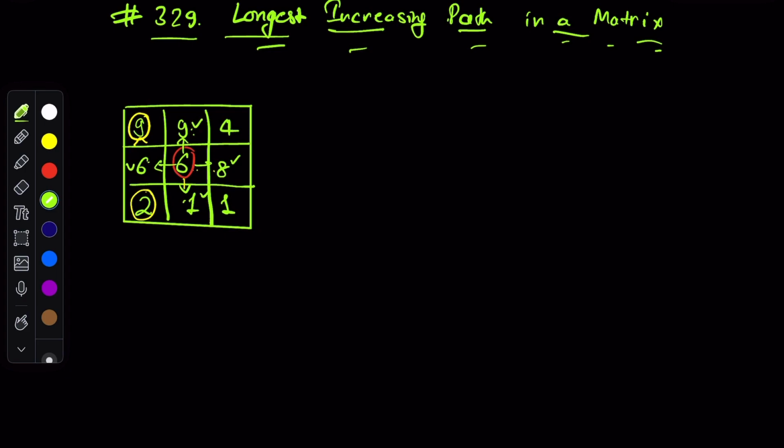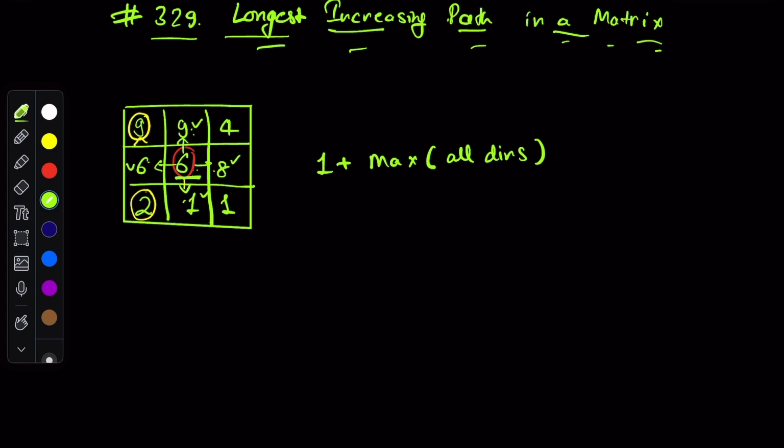And then we will take the maximum of these, the max of all the directions, plus 1. This will give me the longest path for 6. So what we are trying to do is to traverse all the cells and recursively call all the neighboring cells, asking them what is the longest path you have, and I'll add 1 to that.